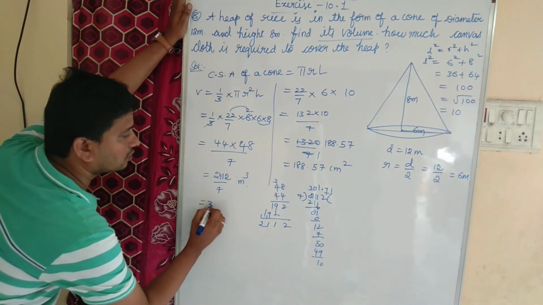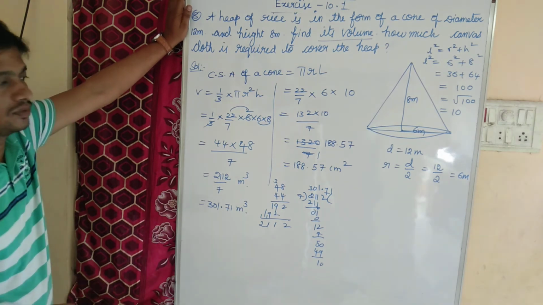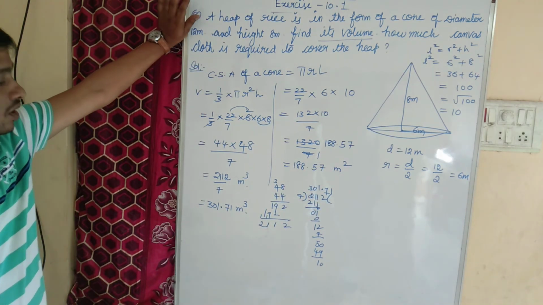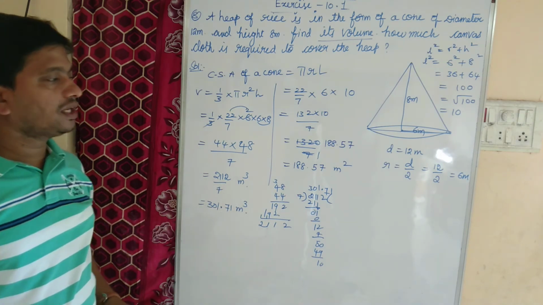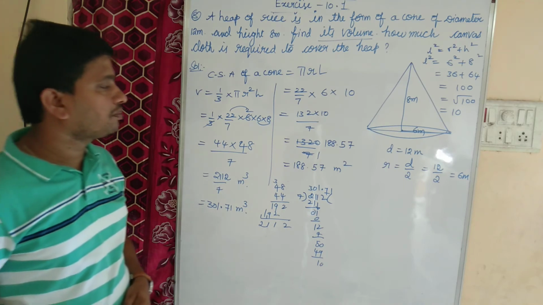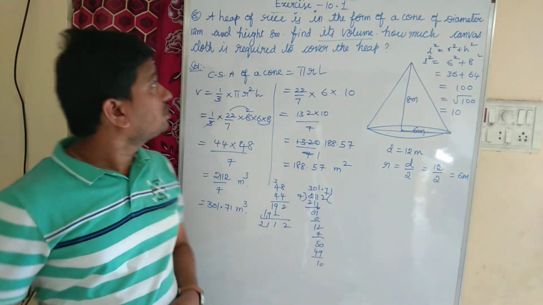So what is the volume? 301.71 meter cube. So answer is in meter cube. Volume is 301.71 meter cube and how much canvas cloth is required, which is 188.57 square meters. So I hope you understood this question, children.